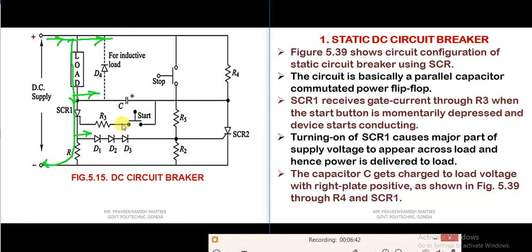The capacitor C gets charged to the load voltage with the right hand side plate positive as shown in this figure. For its charging, it requires some series resistor, so this capacitor charges through the resistor R4.